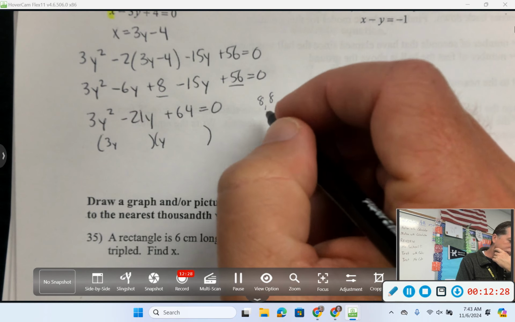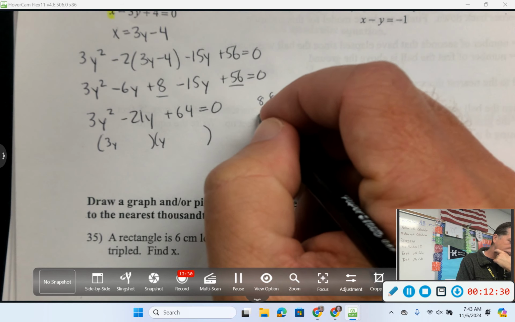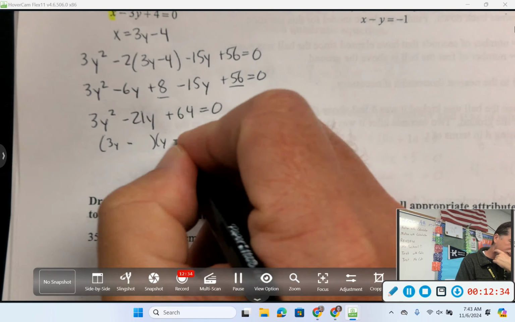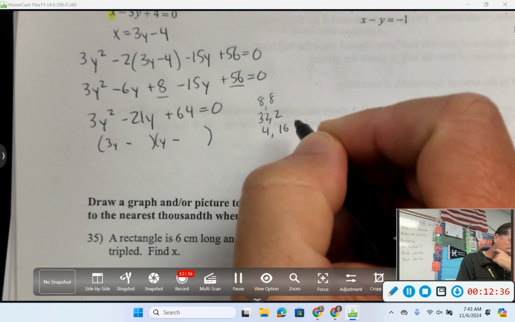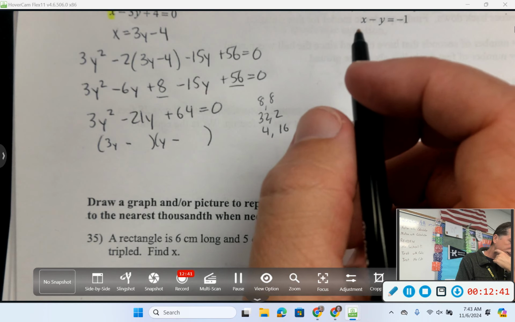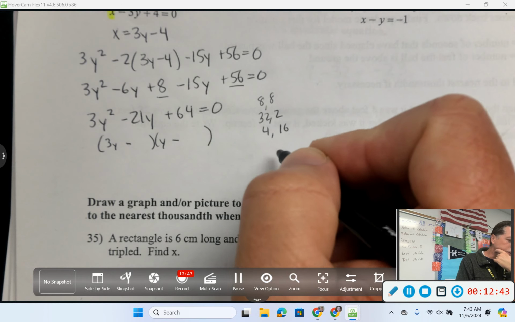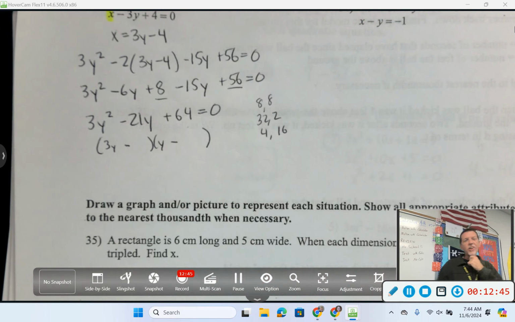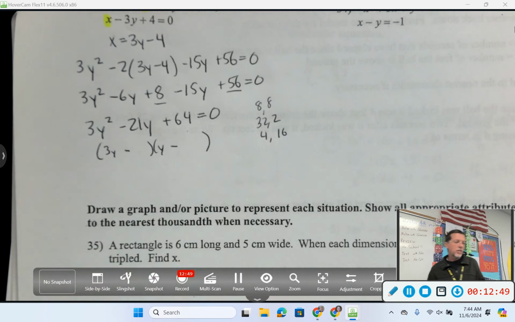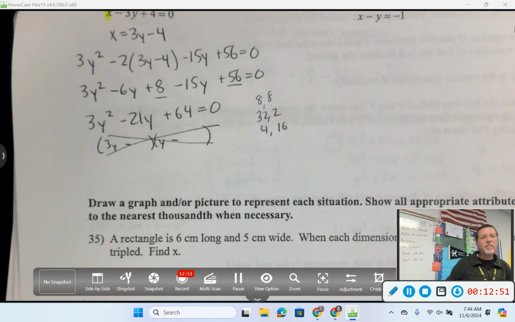That wouldn't do it. 32 and 2 doesn't sound like a good option. 4 doesn't work. Yeah, it's not going to work. All the factors of 64 are even, which means you're always going to get an even number out of 21. So it doesn't factor, so that method's out.